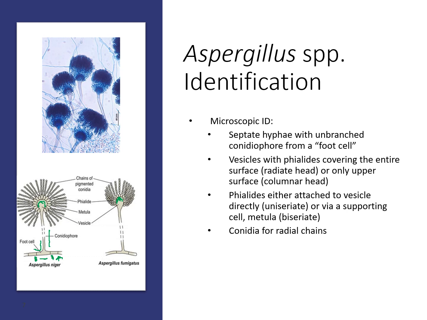Or they can be attached to a metula, depending on how it's pronounced. Those are a little bit larger, and then you have the phialides attached to them right here on the end. The phialides have conidia coming off of them, and the conidia form chains. You can see all of those long chains coming off of both of these species.